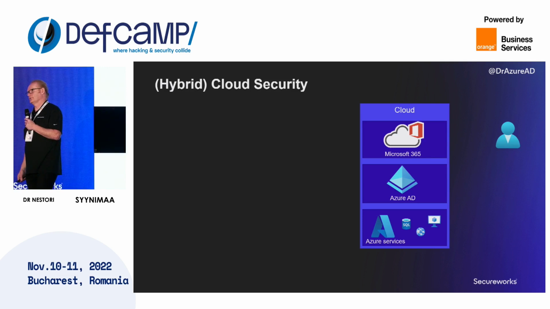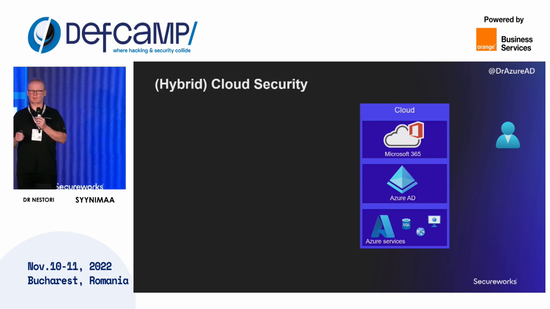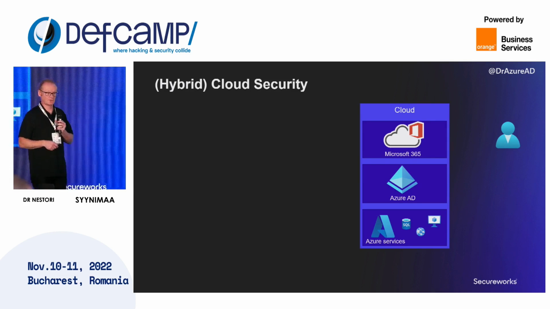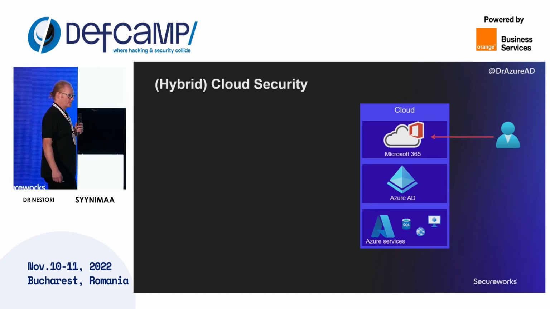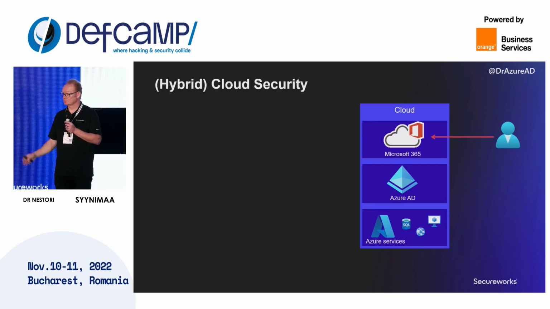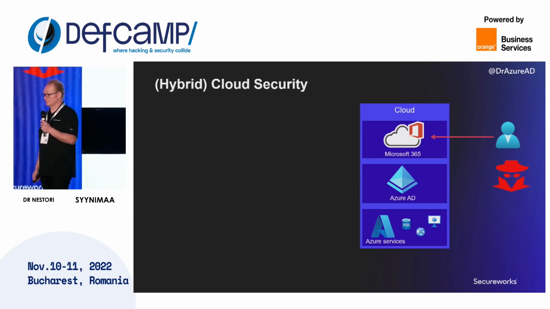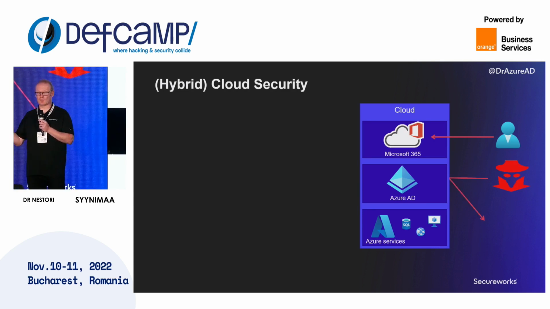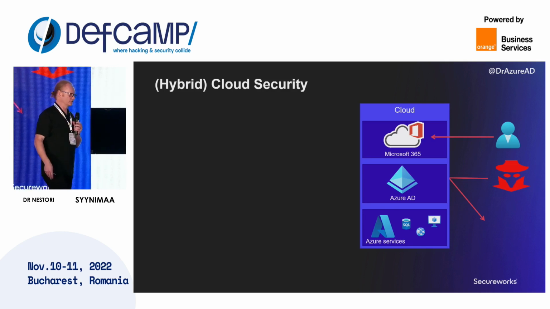I got this question quite many times: is cloud secure? I would say that yes, cloud is secure as such. It's easy for users, they just need to provide some form of proof of identity and they are able to use their services. And it's bad for threat actors, because they can't use their old methods to penetrate on-prem anymore.